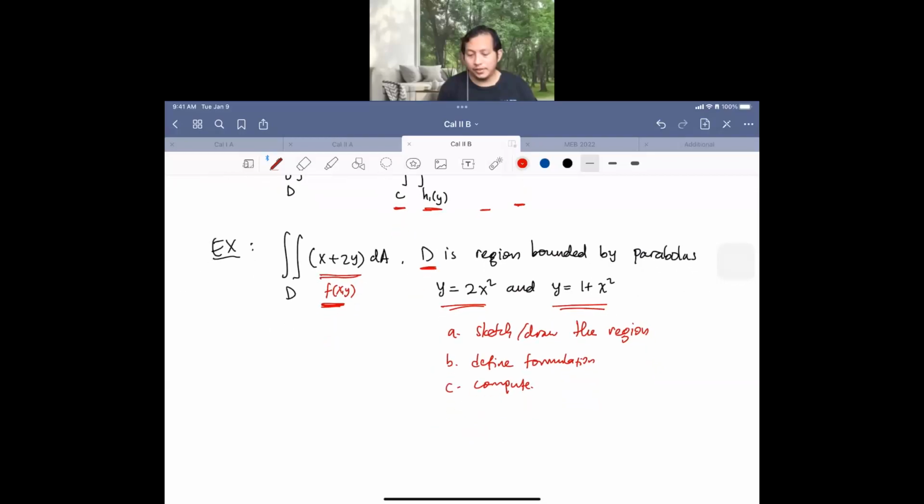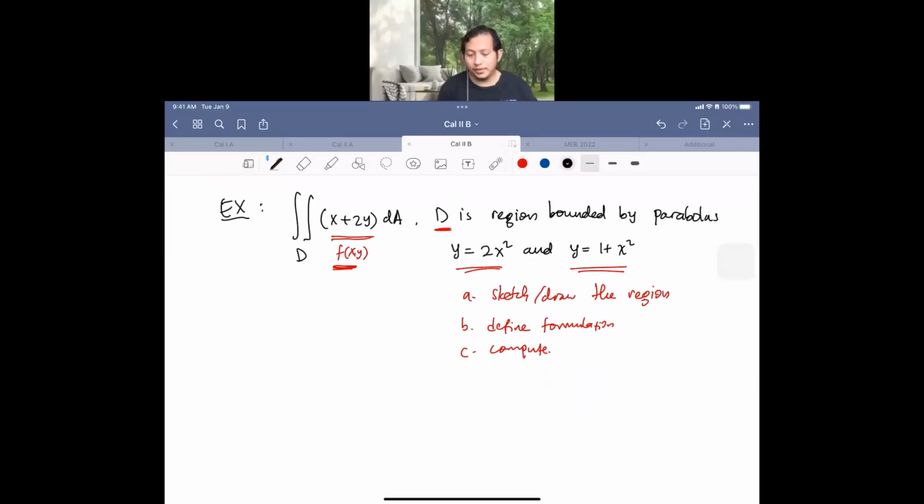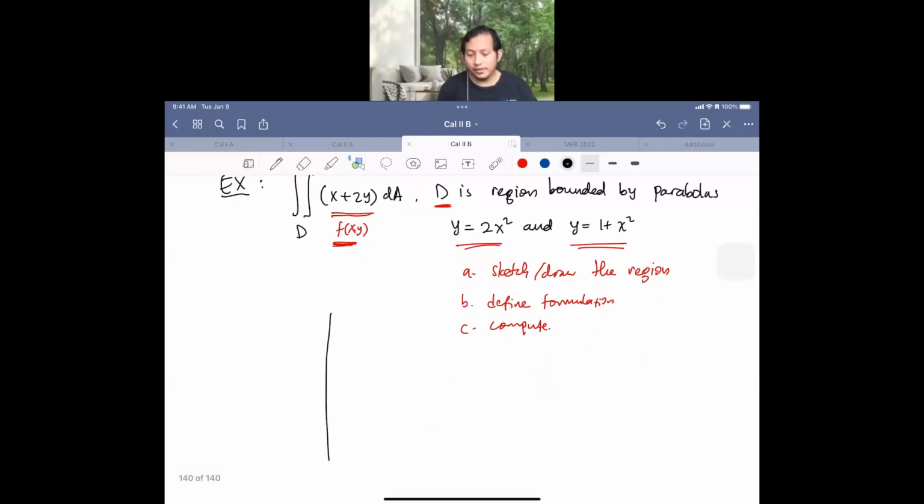So first we could draw our parabolas. First we could start with the 1 plus x squared. Let's say that is our 1 plus x squared.